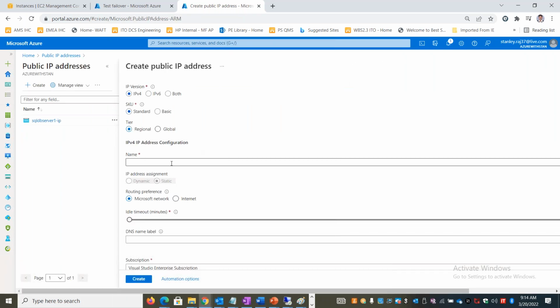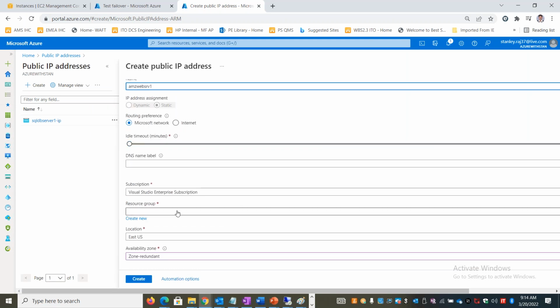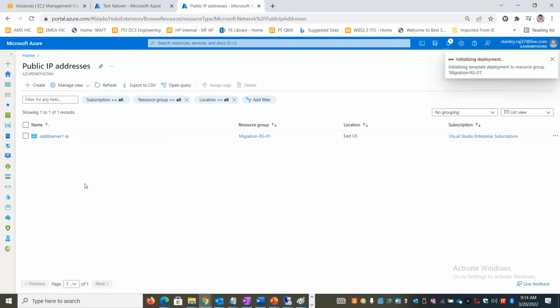I'll create one and call it Amazon web server IP address. I can create it in whatever group I want. Once the public IP address is reserved, I can attach it to the instance.